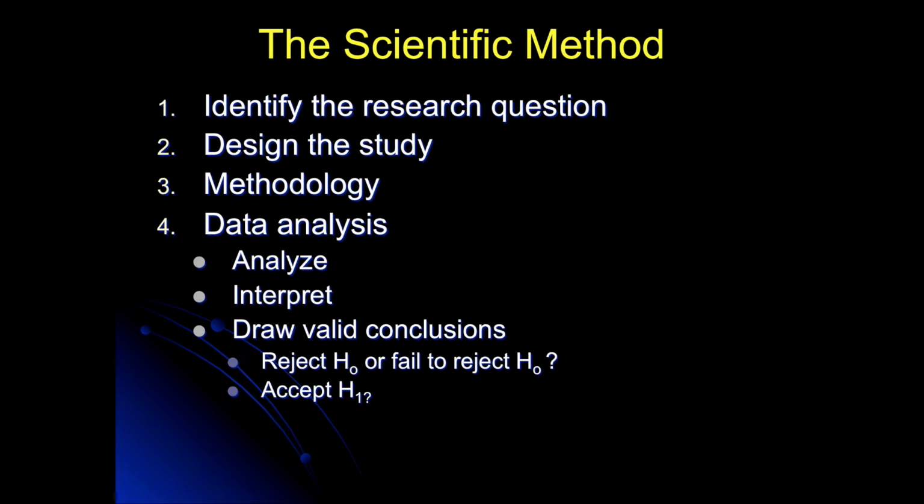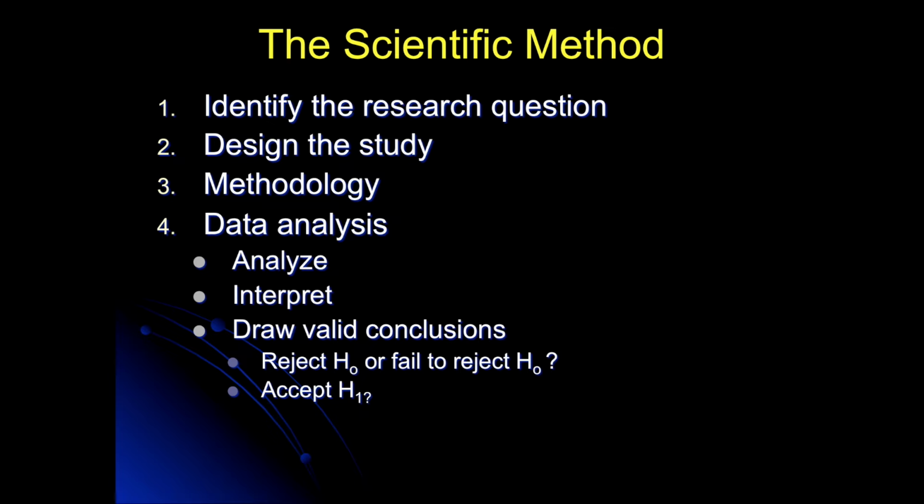So H0 is your hypothesis, so you've made this statement, and you are either going to, based on your data, reject H0, so you either reject your hypothesis or you fail to reject your hypothesis. And those are the terms that are typically used.